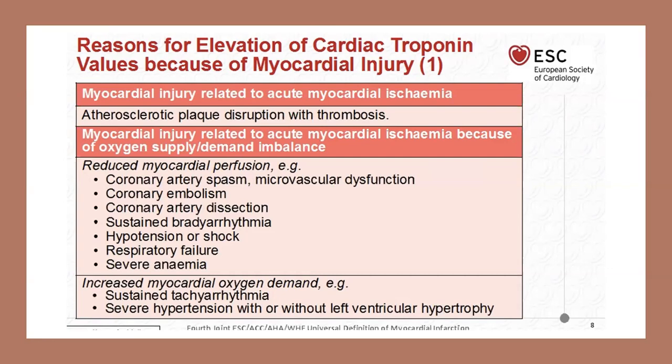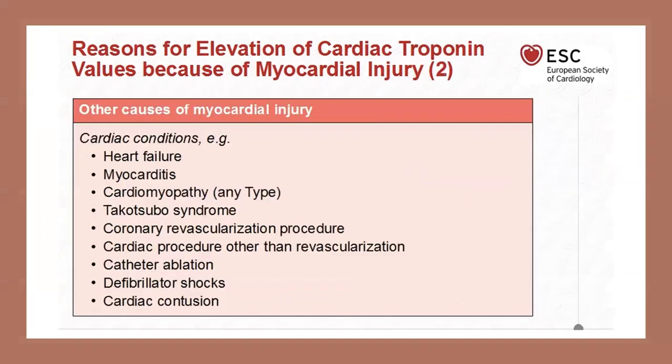When you have reduced myocardial perfusion, commonly we see patients presenting with coronary artery spasm or microvascular dysfunction, coronary embolism, coronary artery dissection, sustained bradyarrhythmias, hypotension and shock, and patients in respiratory failure and severe anemia. And you have another entity where you have an increase in myocardial oxygen demand: patients with sustained tachyarrhythmia, or severe hypertension, with or without left ventricular hypertrophy.